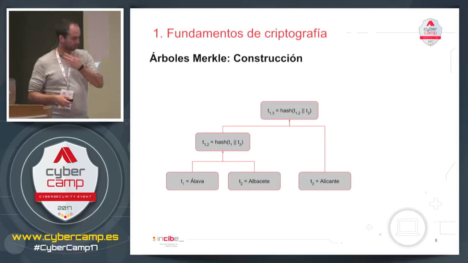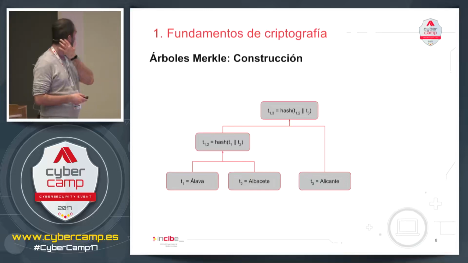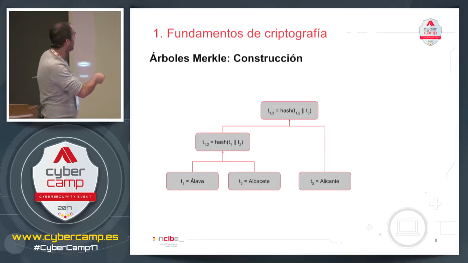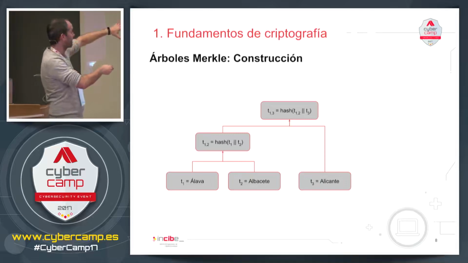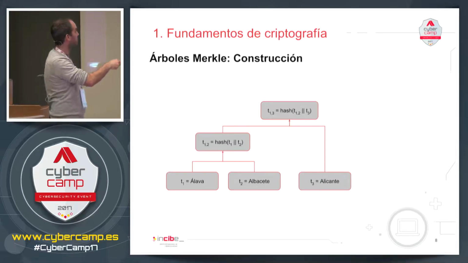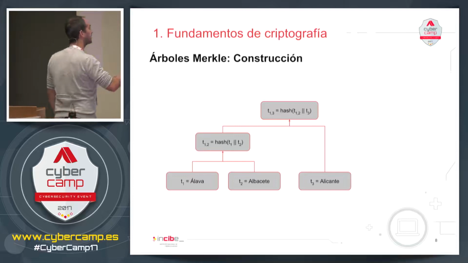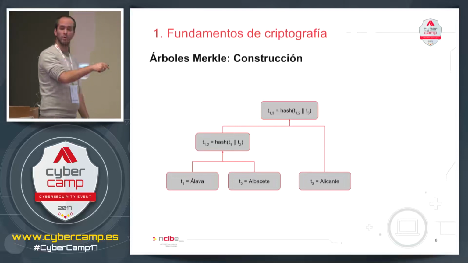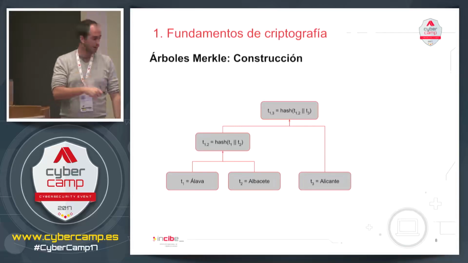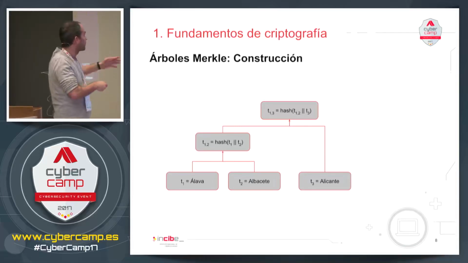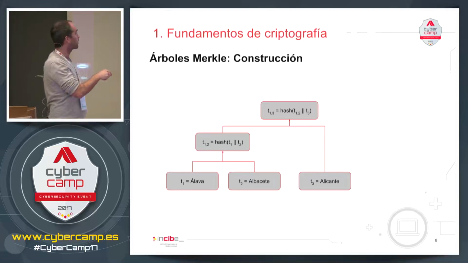And I want to add the value of a third city. So what I do here is I create a node above this one, with the smaller child on the left, and the other child on the right.